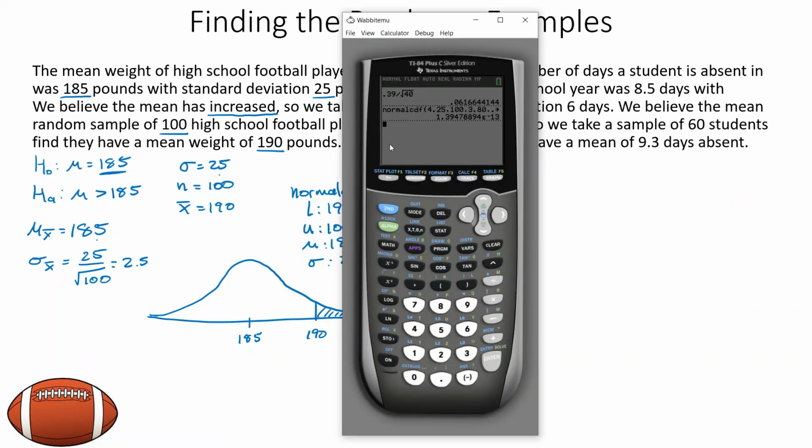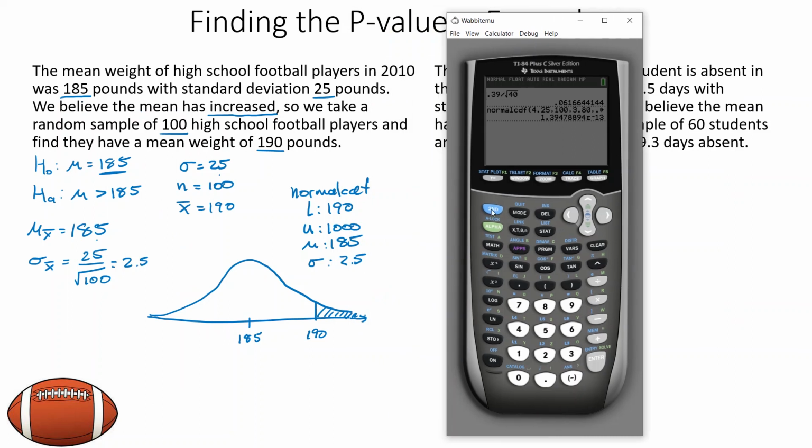And let's see what we get in our calculator for that one. So second distribution, normal CDF number 2, 190. And something big here, like 1,000 or 10,000 or 1,000,000. Then 185, and then 2.5.